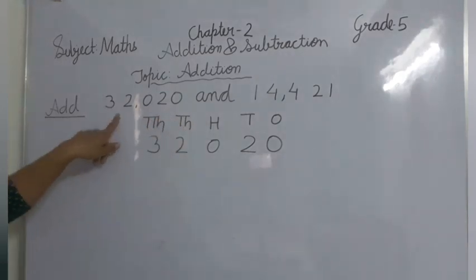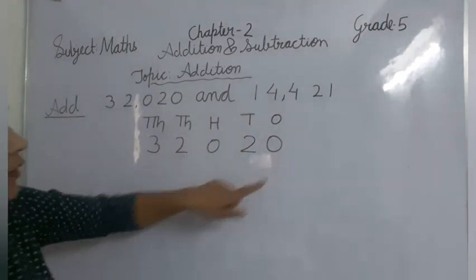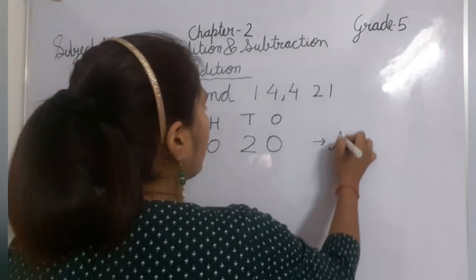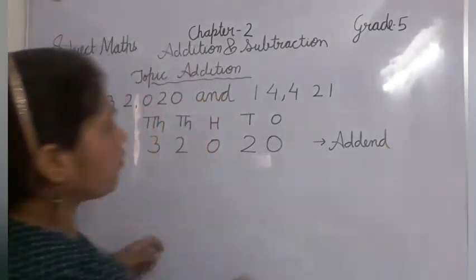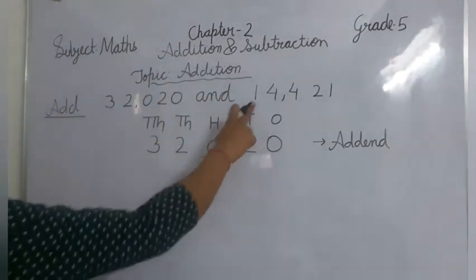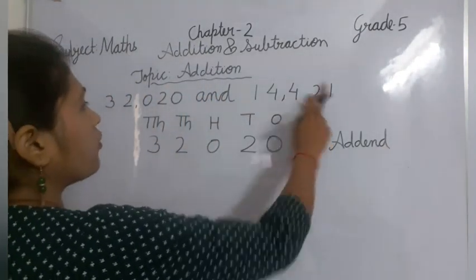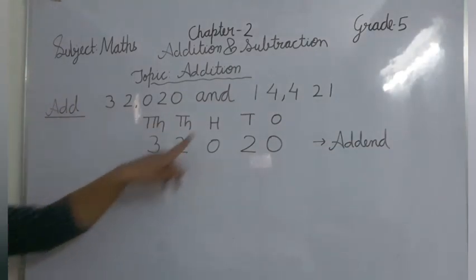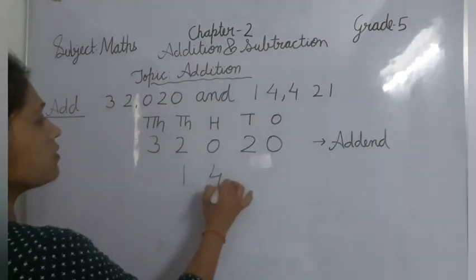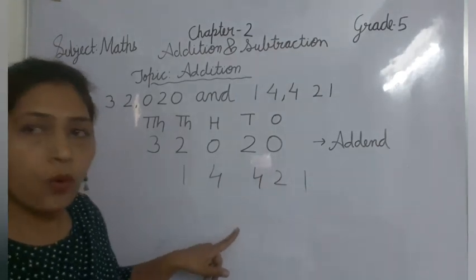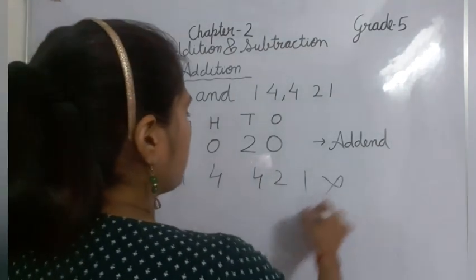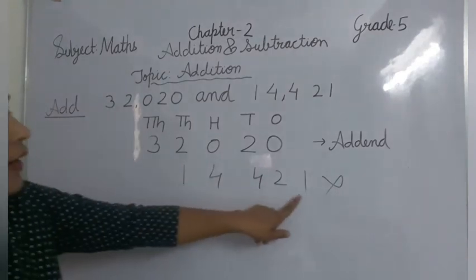This is the first addend. Now what is the second addend? 14,421. Can we write this number like this? Is it correct? No, this is not correct. Why is it not correct?